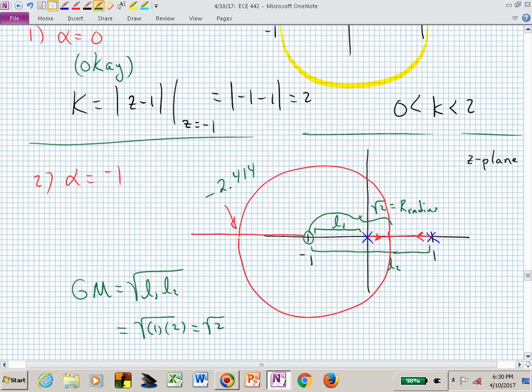What am I hoping is happening in this particular case? What do I hope to have happen in this choice for alpha? Again, I'm interested in, wow.